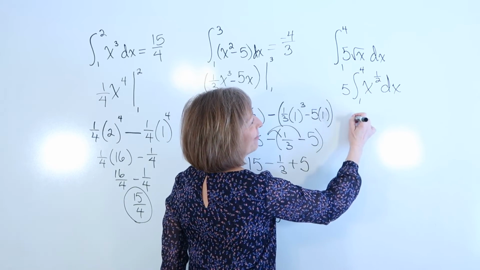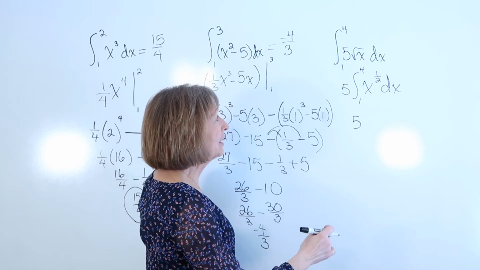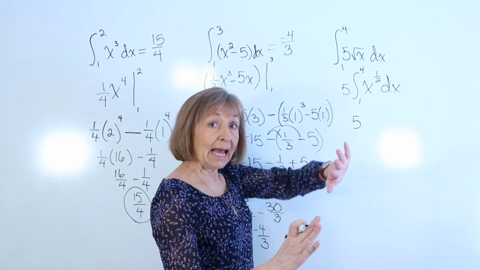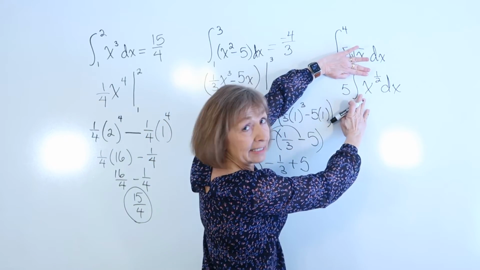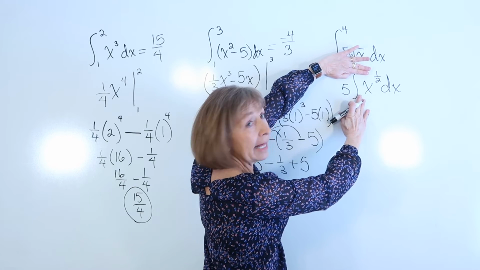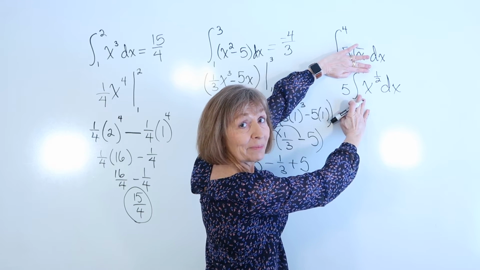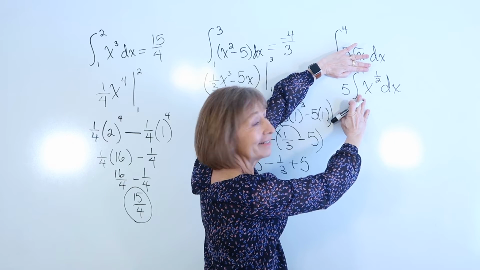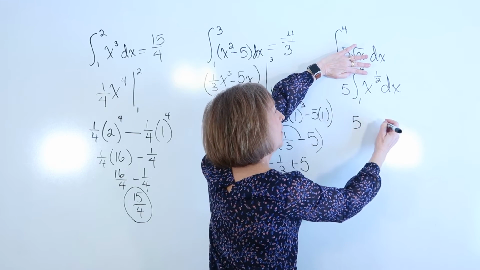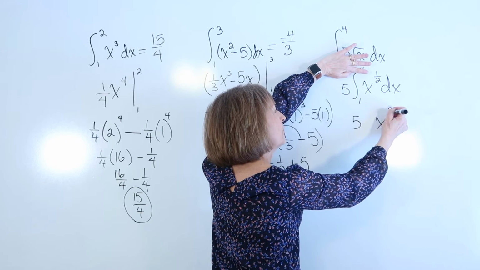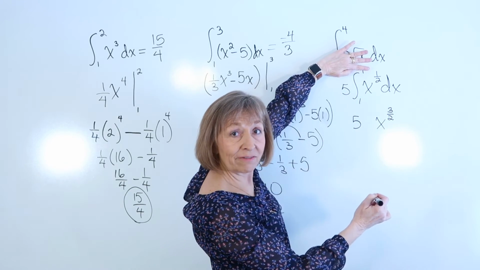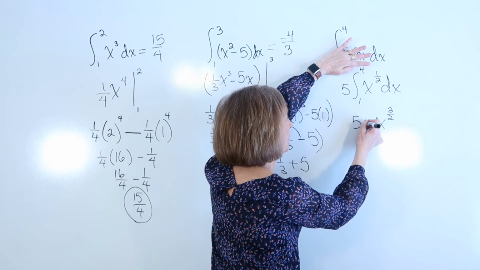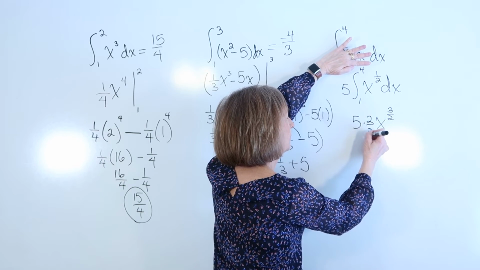So then I have my 5 times, and then think now you're going to integrate it as if it's an indefinite integral, letter base to number power. As long as my number power is not negative 1, I add 1 to the exponent and I divide by that. So 1/2 plus 1 is 3/2. And when I divide by 3/2, it is multiplying by 2/3.